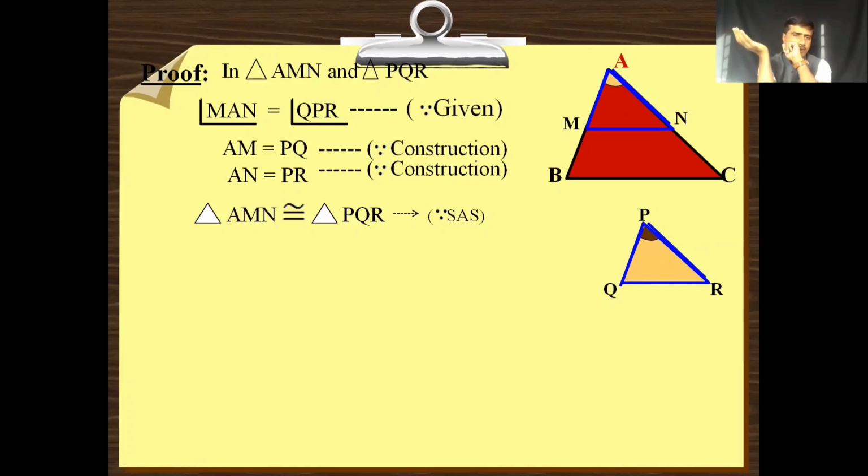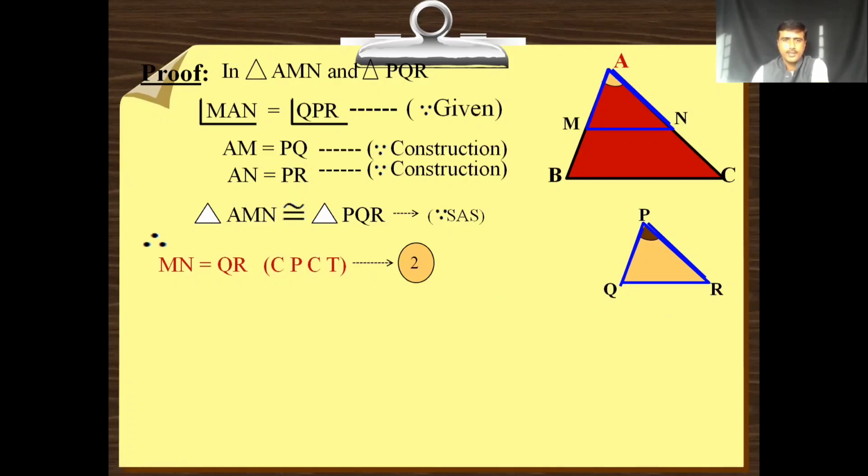If triangles are congruent, the remaining three more elements are also equal to one another. Here, let me consider one: I'm taking MN and QR are equal, CPCT. The meaning of CPCT is corresponding parts of congruent triangles. Let me give the number to that as equation 2.